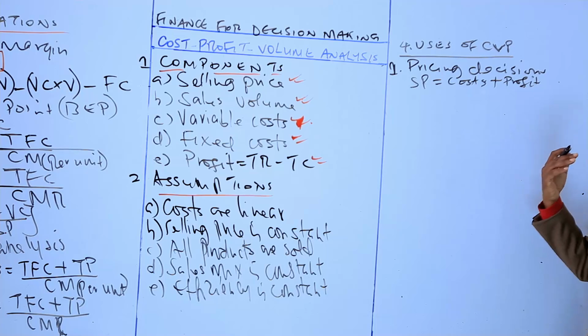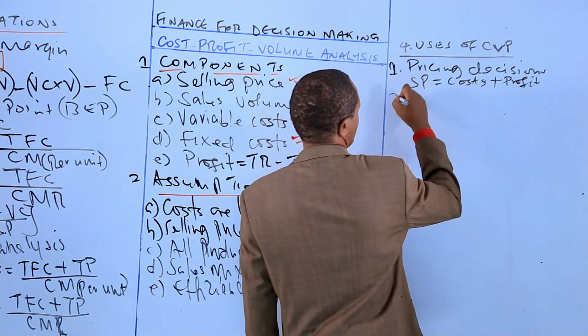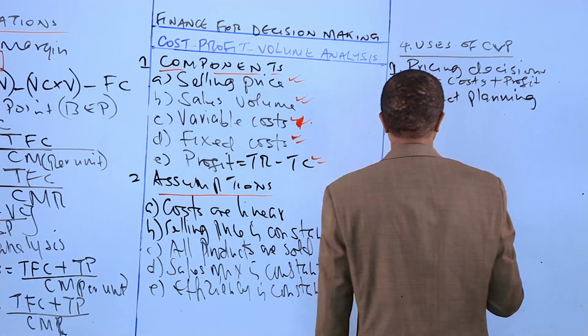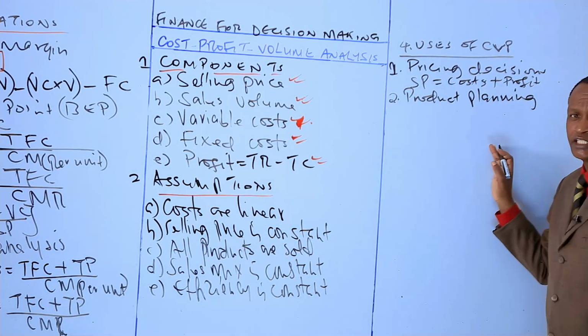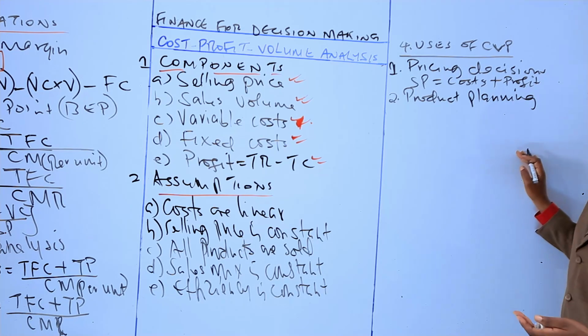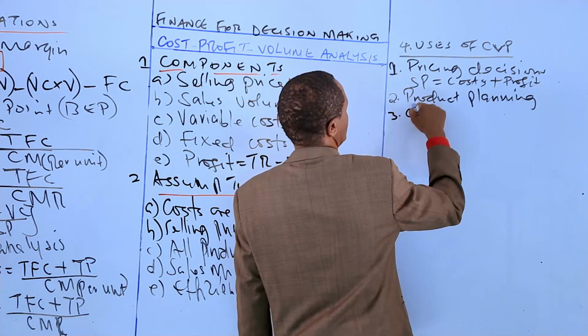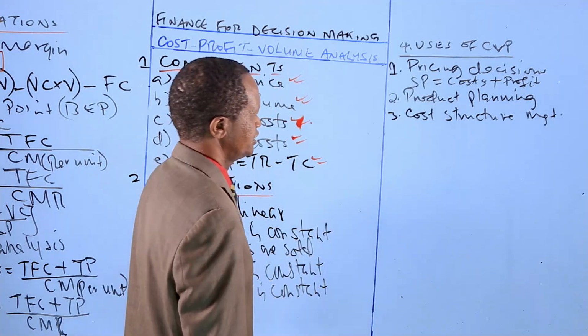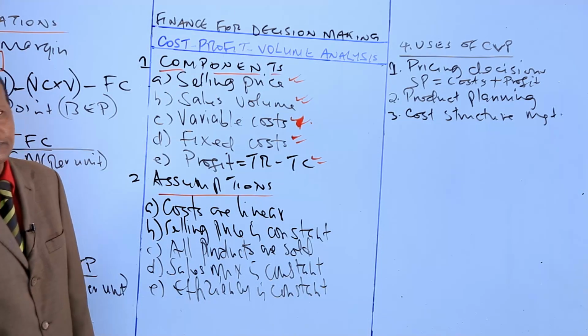It can also be used in product planning. We use CVP analysis in planning products, deciding whether to introduce a new product or to drop an existing one. Number 3, we can use CVP analysis in cost structure management.